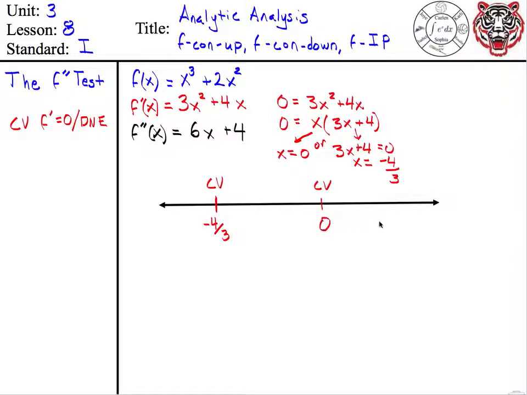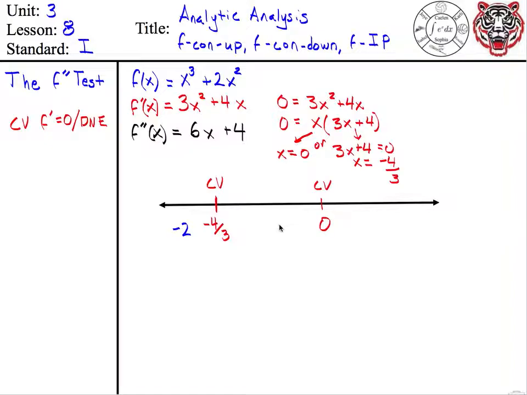Critical value, perfect. All right. So I have my critical values set up. Now I'm going to find some test points. What's a good test point to the left of my negative 4/3? How about negative 2? Negative 2, that's a good value.